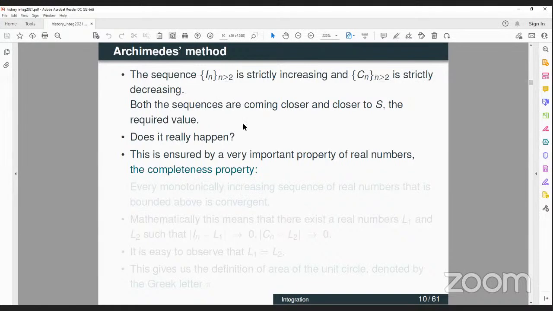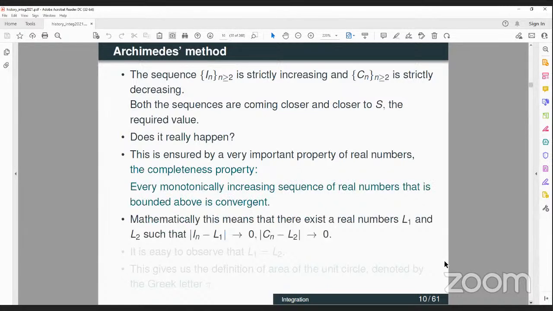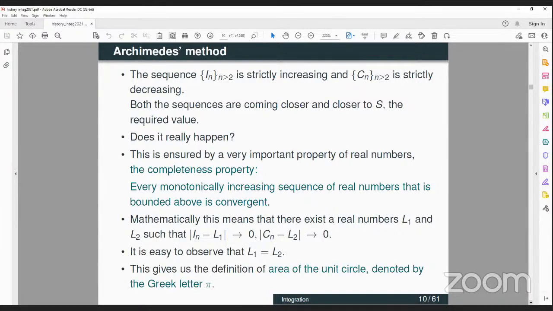So the completeness property of real numbers says that they both converge. And as the difference can be made very, very small, one shows that Ln and Cn both converge to the same value. That limit is defined as the area of the unit circle, denoted by the Greek letter pi. This is all modern mathematics.